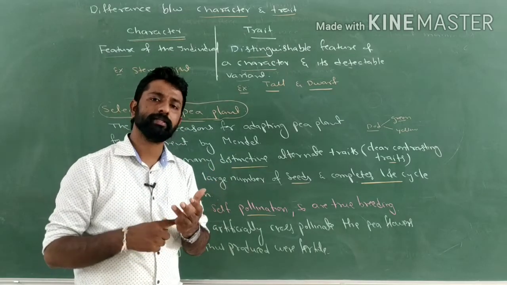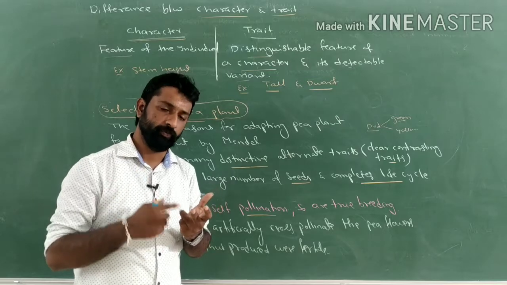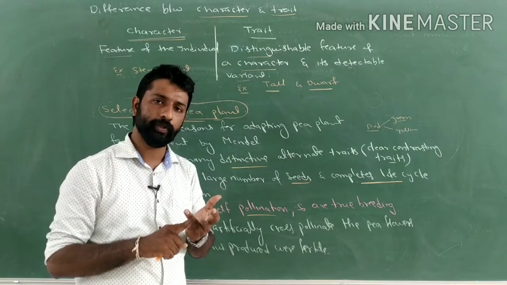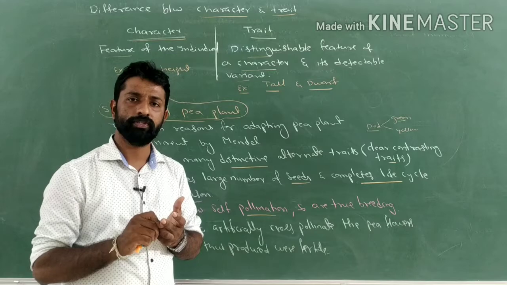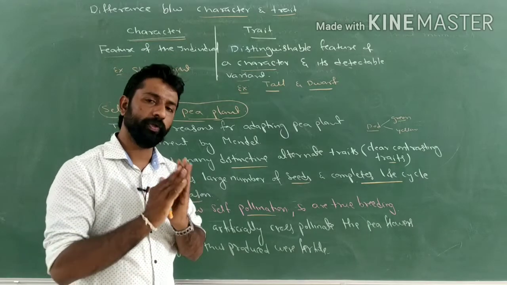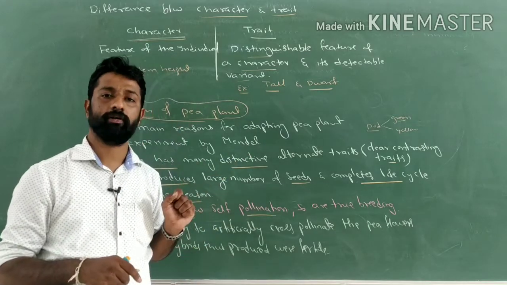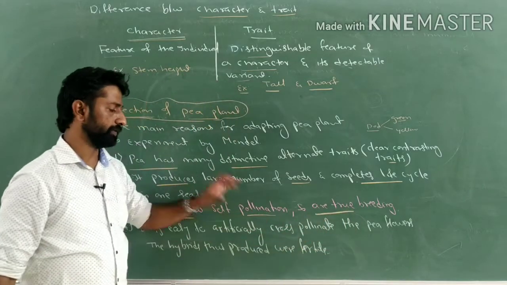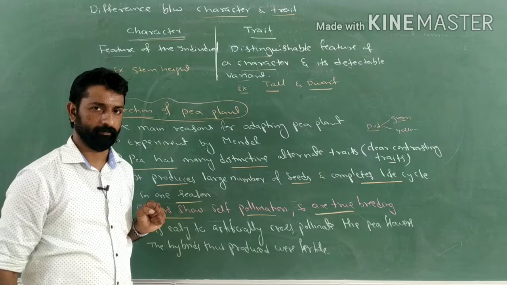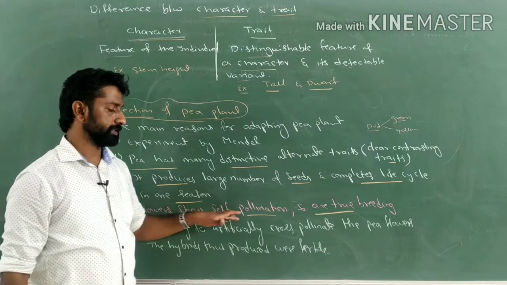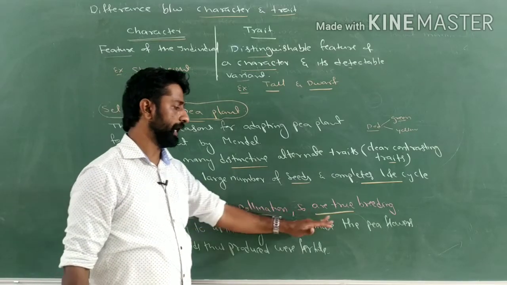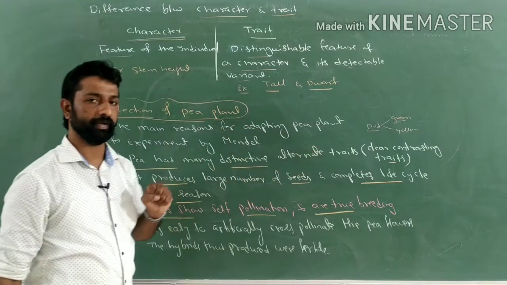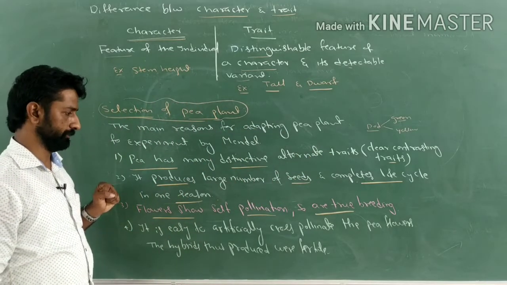The pollen grains, which carry the male nucleus, and the ovule, which carries the female nucleus, are both produced in the same flower, as they carry out self-pollination. So pea plants show self-pollination, and so they are called the true breeding varieties of the pea plant.